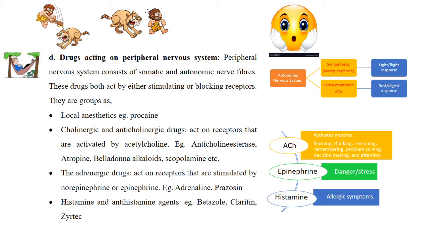Here, in local anesthetics, the drug controls a particular area of the peripheral nervous system and won't control the central nervous system, so that the particular area will be numbed and there won't be any pain.